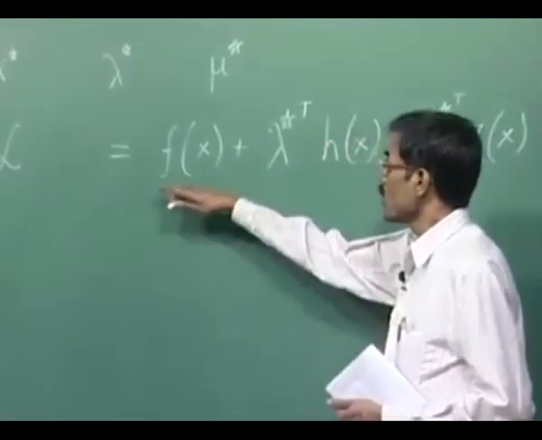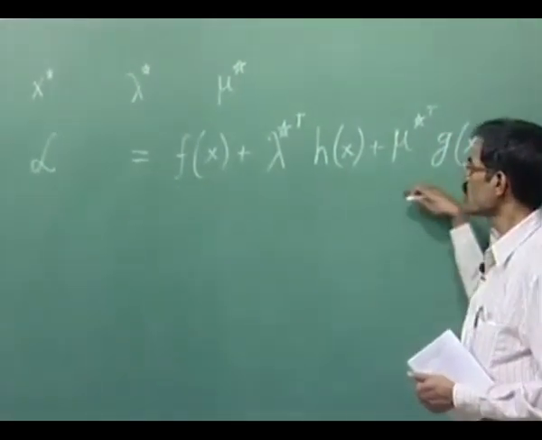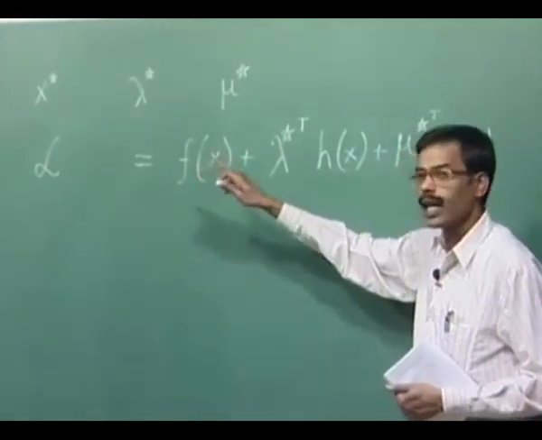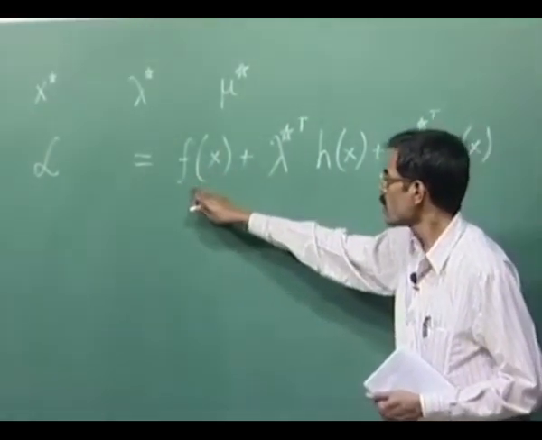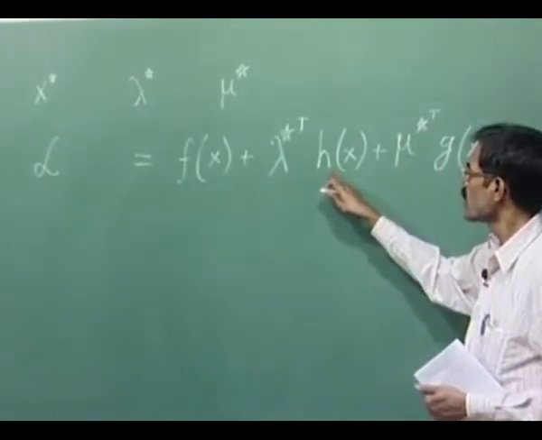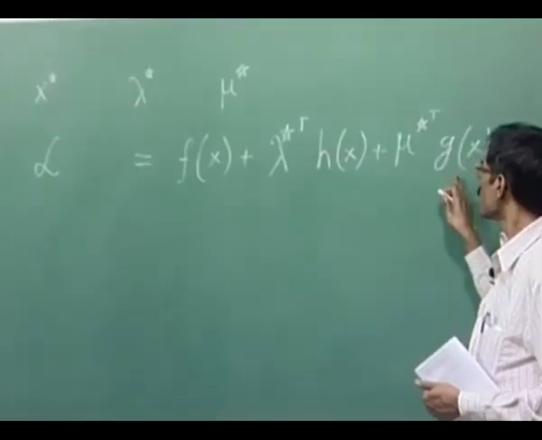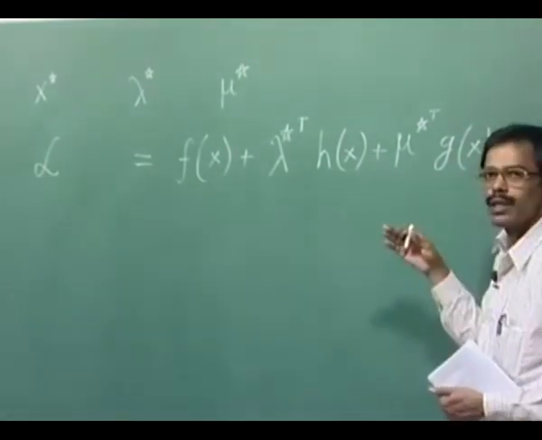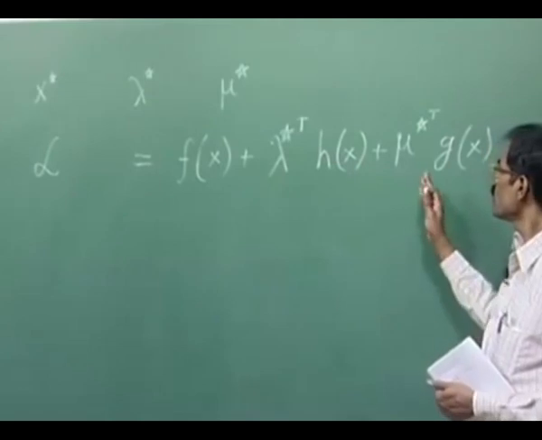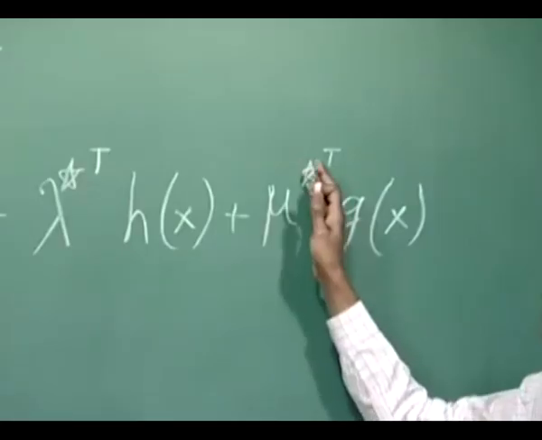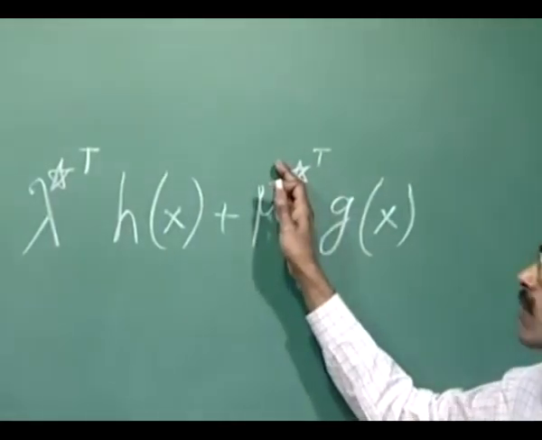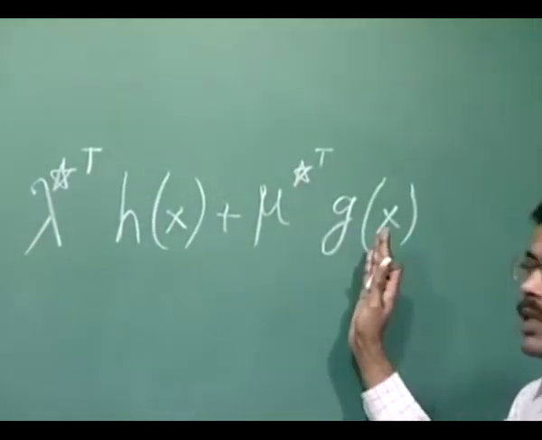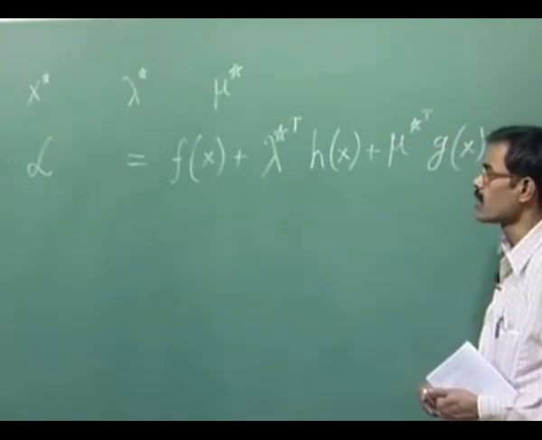And then the first order necessary condition for this function to be stationary is grad L equal to 0, which is grad f plus grad h into lambda star plus grad g into mu star equal to 0, which we have seen earlier in the KKT conditions. Apart from that, we will also find the optimality condition that mu star should be all non-negative and 0 corresponding to the inactive inequality constraints. This much we have seen.